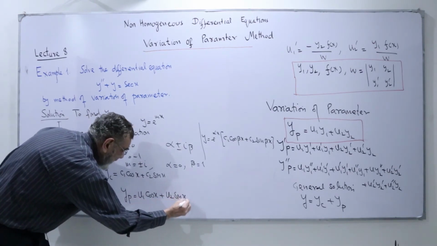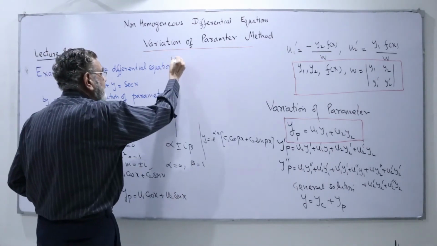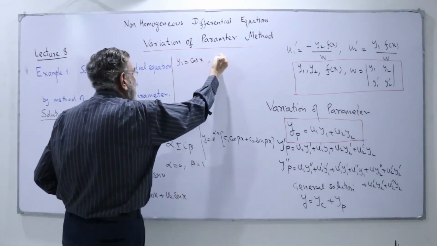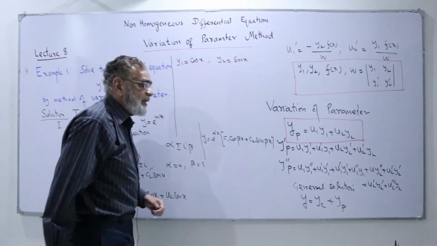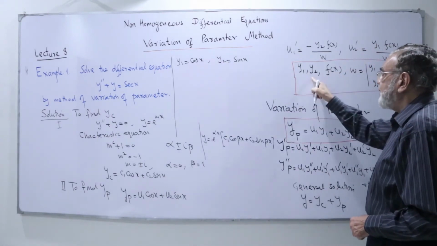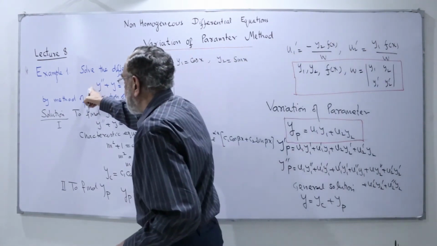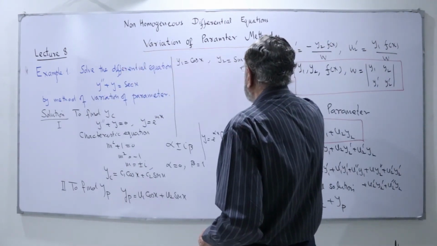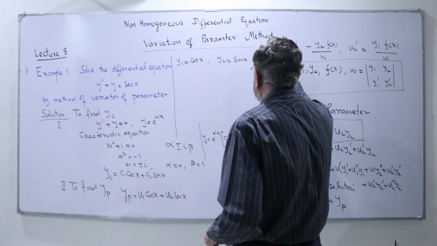Now I can have my data: y1 is equal to cosine x, and y2 is equal to sine x. To write my u1 dash and u2 dash, I need y1, y2, and f of x. For f of x, the coefficient of y double dash must be 1. So my f of x is equal to secant x.